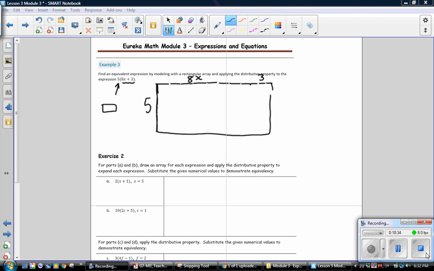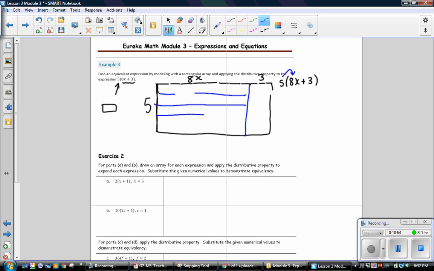Now let's apply the distributive property to that expression. 5 times the quantity 8x plus 3. Applying the distributive property, we want 5 groups of 8x. So the 5 groups of 8x would be here. Five groups of 8x, and that gives us 40x.